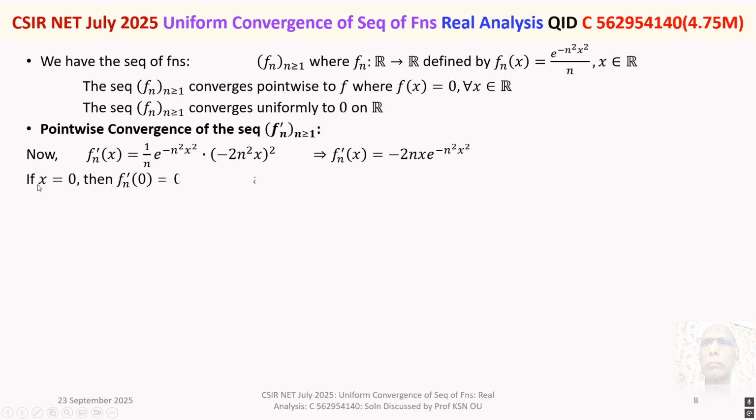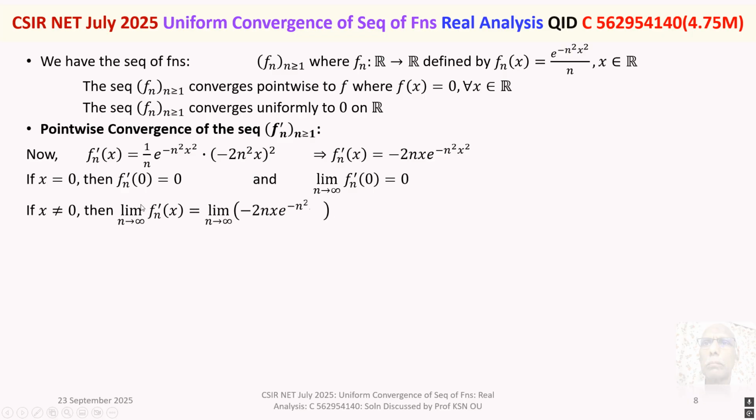Right. If x is equal to 0, fn prime of 0 is 0 because x is present here. Therefore, the limit as n tends to infinity of fn prime of 0 is 0. No problem. When x is not equal to 0, the limit as n tends to infinity of fn prime of x is the limit of minus 2nx e^(-n²x²), which is minus 2x times the limit as n tends to infinity of n/e^(n²x²).